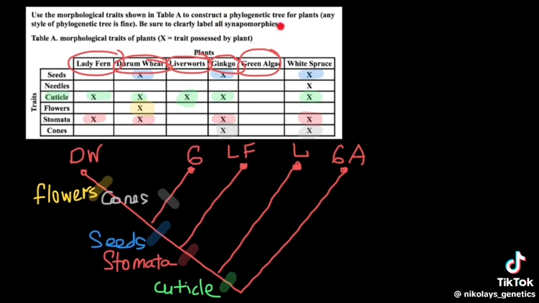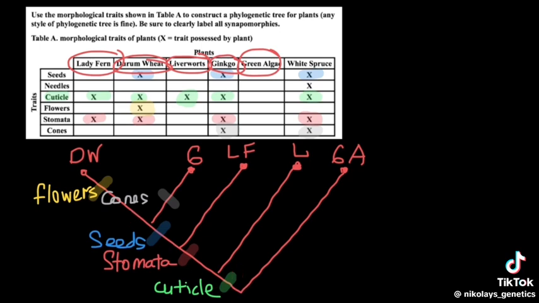So we have to assume that all the traits that we can see are due to presence in the common ancestor. If we find such a trait in two or more species, for example cuticle in durum wheat and in ginkgo, it is not because they developed this trait independently, but because they had a common ancestor, which developed this trait.